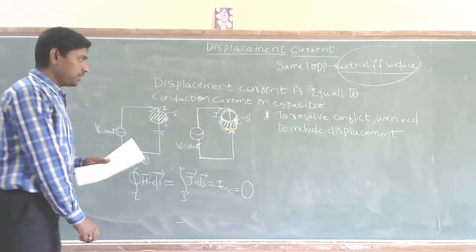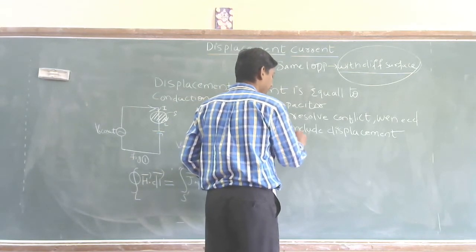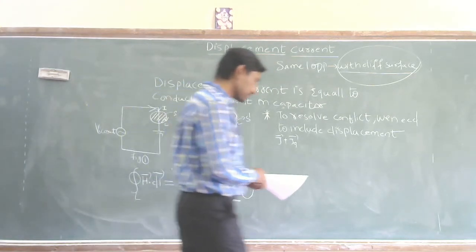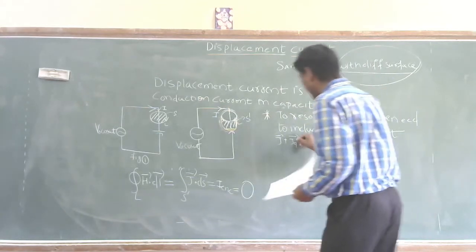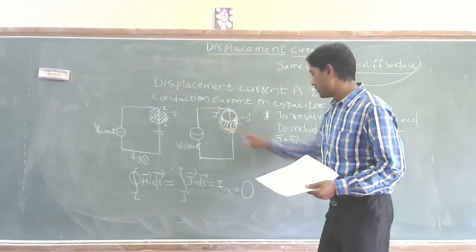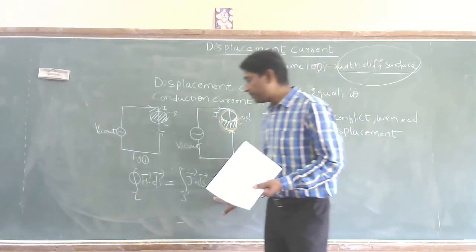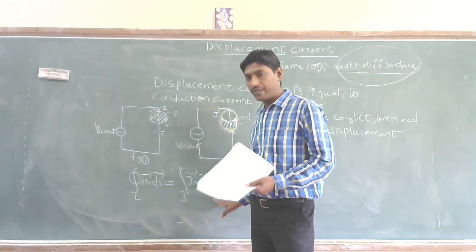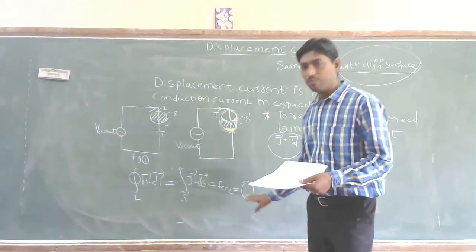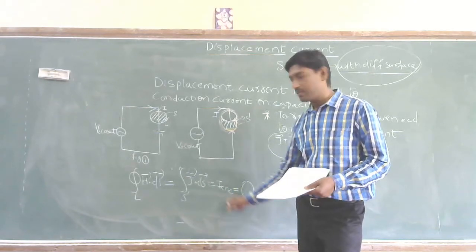Now we know that we have total current density as J plus J_D. You could check that in this particular case, J is the first thing according to Ampere circuit law. We began with the unmodified Ampere circuit law, and because of that we got this contradiction.